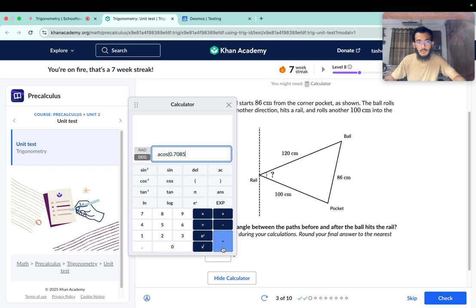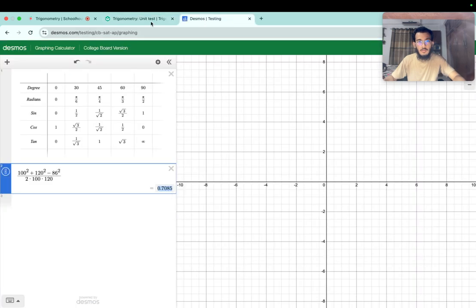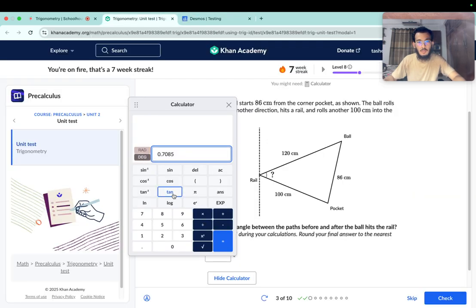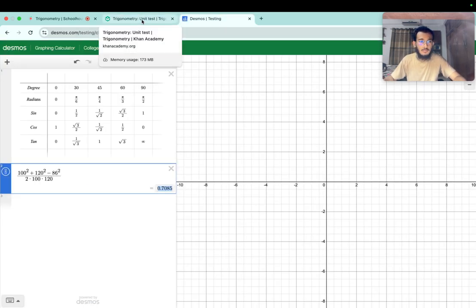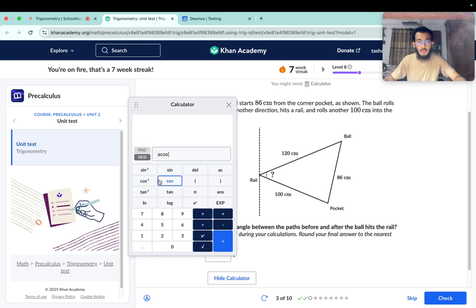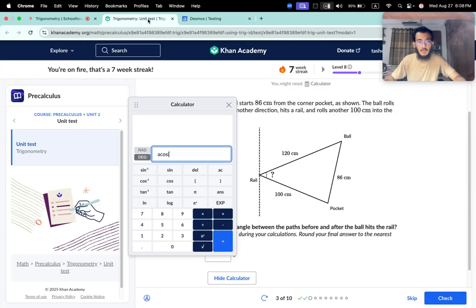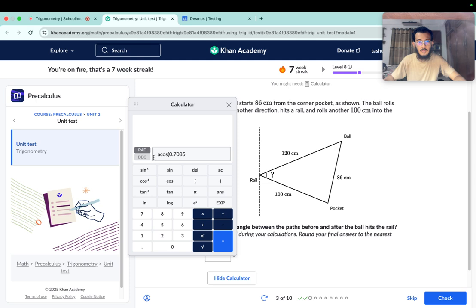What's wrong? This is the cos theta: 100 squared plus, minus, divided by 2 times, so cos theta equals this thing, so cos inverse of 0 point something.